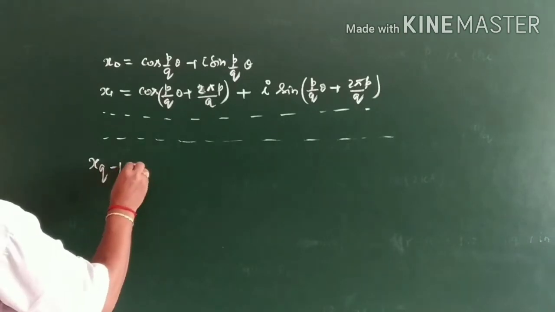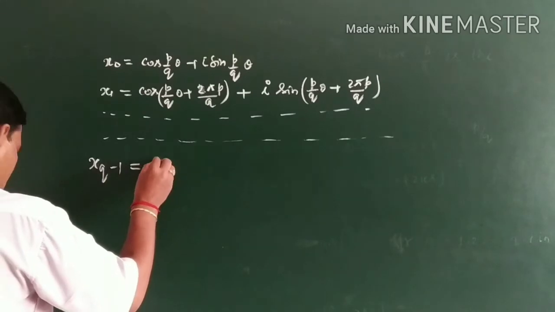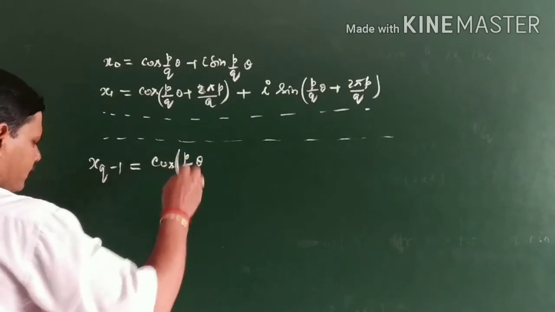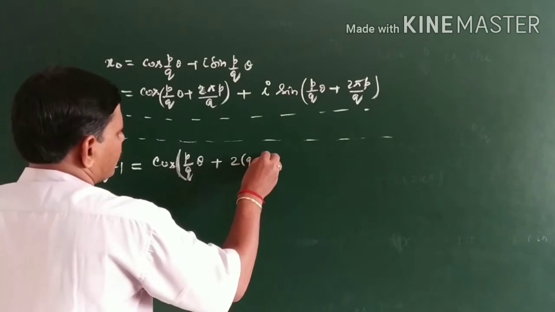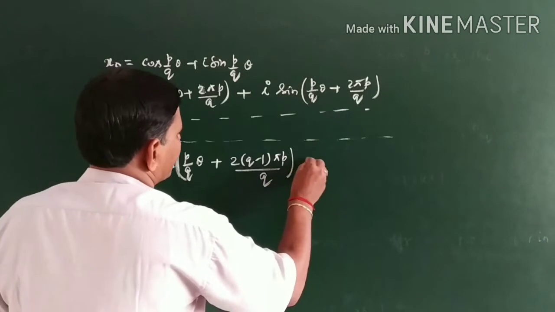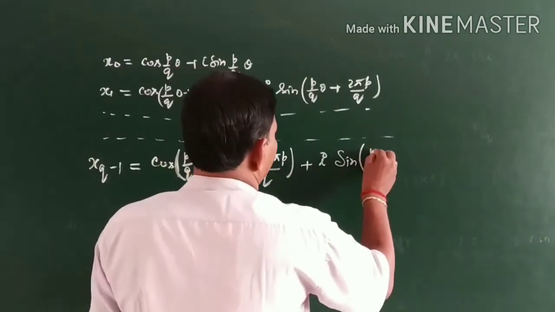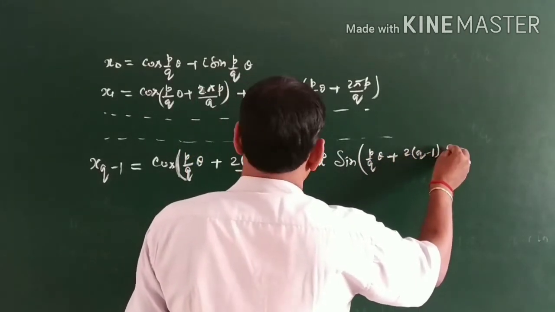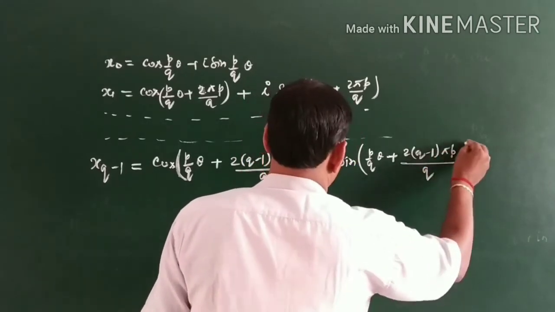The x(q minus 1) value is cos (p by q theta plus 2(q minus 1) pi p by q) plus iota sin (p by q theta plus 2(q minus 1) pi p by q).